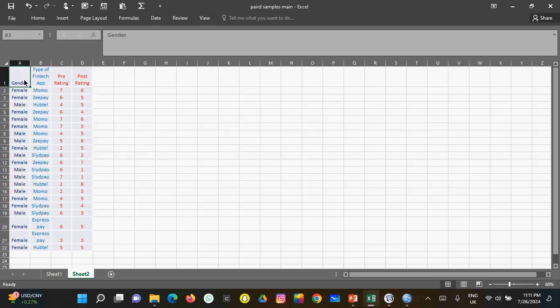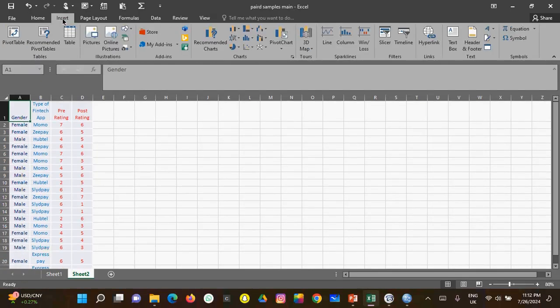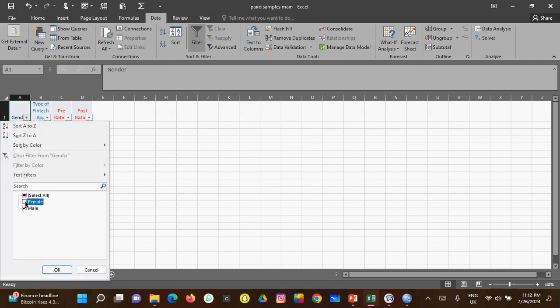So to filter, you just click on gender, come to Data, and you see Filter here. Then you see that this arrow has appeared here. Click on this, untick all, and then leave only male.